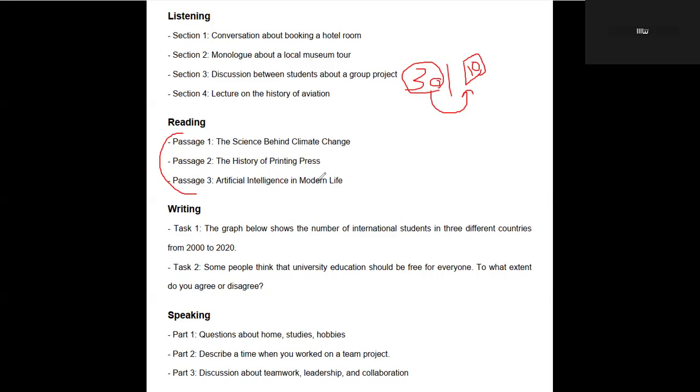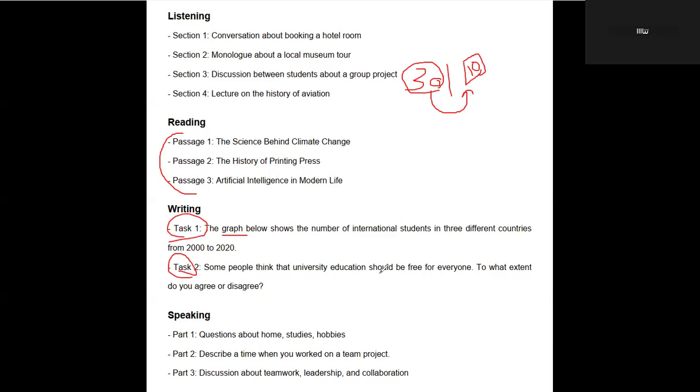In writing, you have two tasks. Task one and task two. Task one, it's a graph, as we said yesterday. Task two, it's an essay. It could be argumentative, an opinion essay, and so on. Okay?